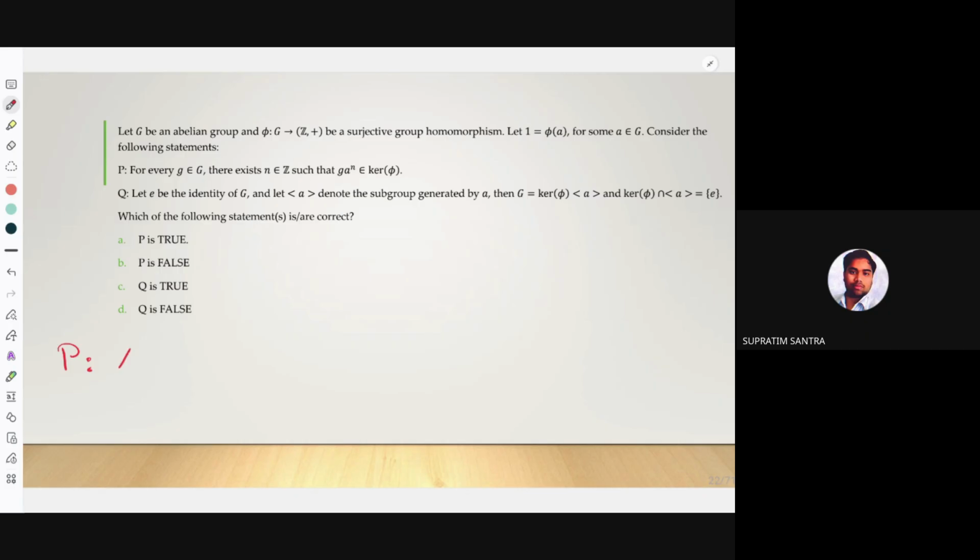So now let g belong to G. So now we need to get some integer n. So given g, how can we go to n?